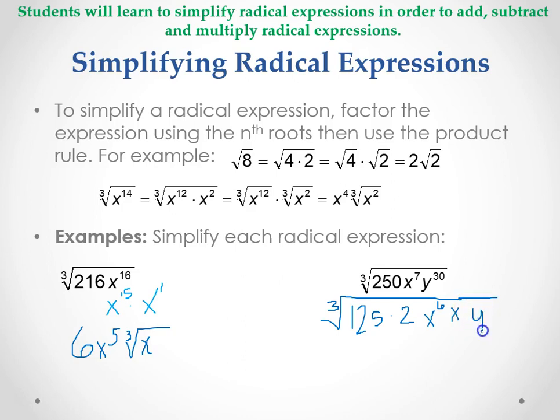Hey, that is a multiple of 3, so I can leave that there. So the cube root of 125 is 5. X to the 6th would be x squared. Y to the 30th would be y to the 10th. And then we've got the cube root of 2x left over.